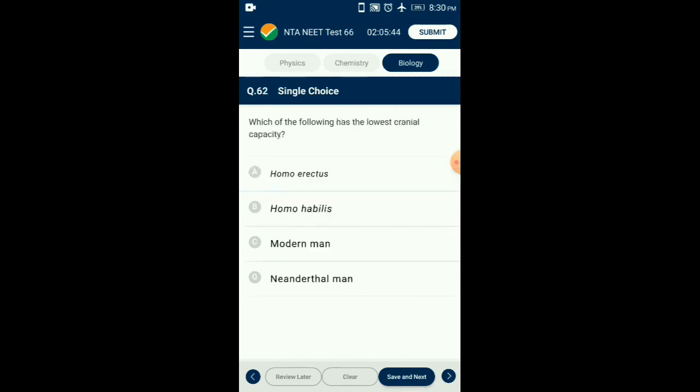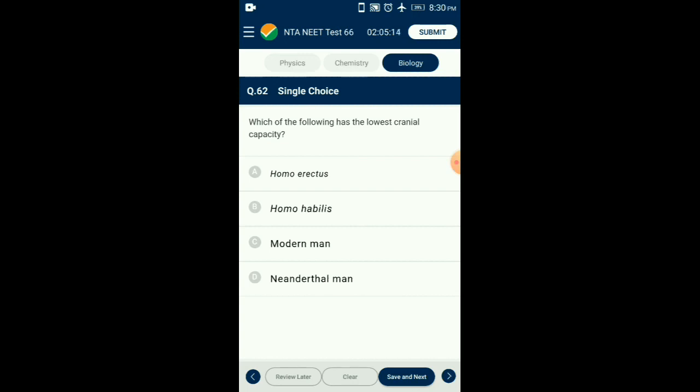Question number 62. Which of the following has the lowest cranial capacity? The first human-like beings, the hominids, were called Homo habilis. The brain capacities were between 650 to 800 cc. They probably did not eat meat. Fossils discovered in Java in 1891 revealed the next stage, Homo erectus, about 1.5 million years ago.